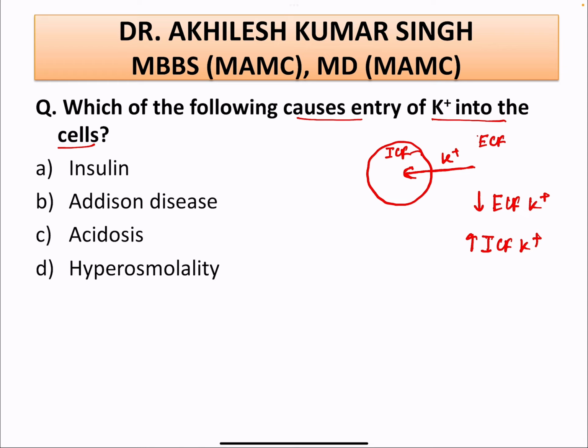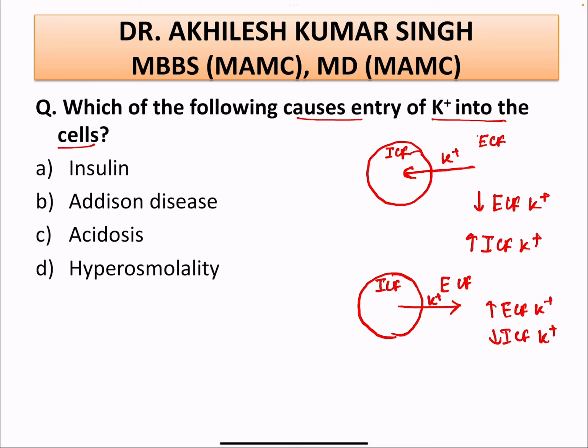And one more thing you have to remember from this type of question: which factors cause the movement of potassium from inside the cell to outside the cell, and this will lead to a rise in the ECF potassium.